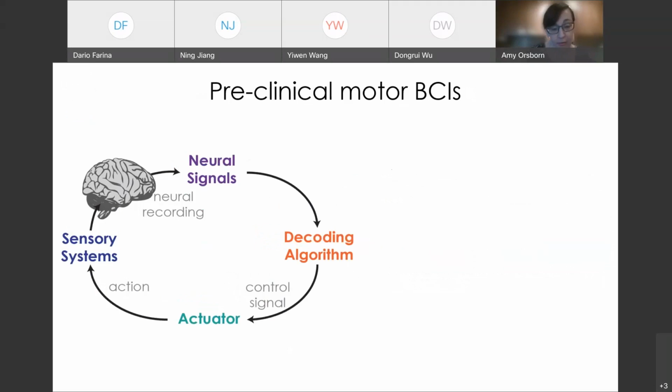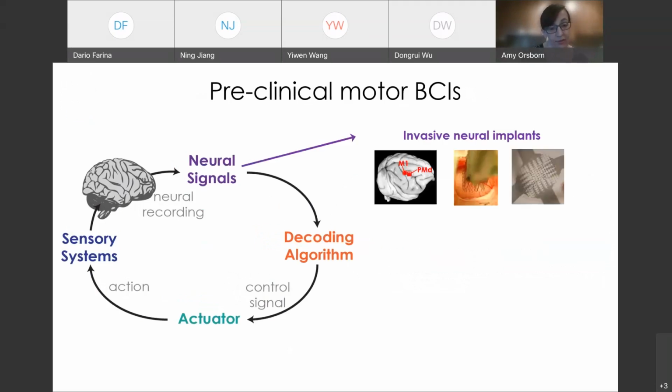So we work with rhesus macaque monkeys, and we train them to do basic motor behaviors. And then we do invasive implants into motor areas, typically primary motor cortex and premotor cortex, to record activity of neurons. And then we use that neural activity as input to a decoding algorithm. And here, because we're interested in understanding the detailed mechanisms of how the system works, we keep these decoders typically very simple.